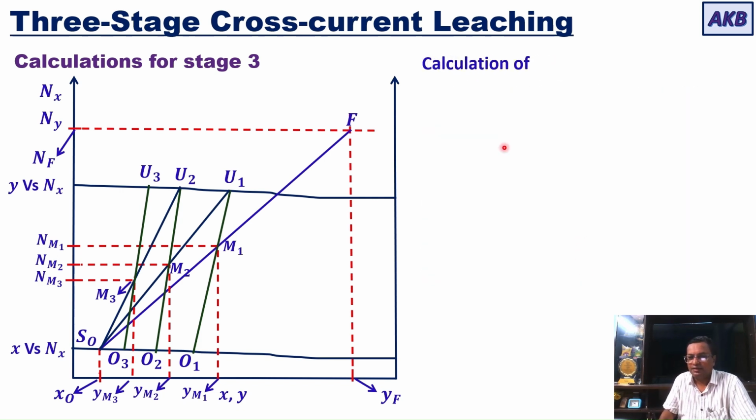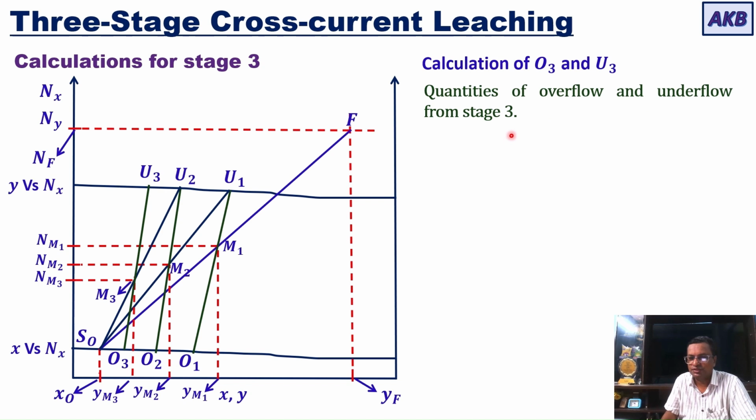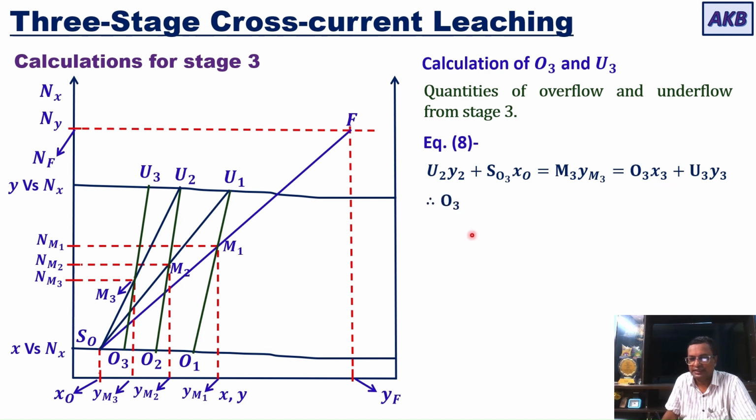Now finally, let us look at calculations of the quantities O3 and U3, the quantities of overflow and underflow from stage 3. For that, from equation 8, you have U2 Y2 plus S0 3 into X0, that is equal to M3 into YM3, that is equal to O3 into X3 plus U3 into Y3.